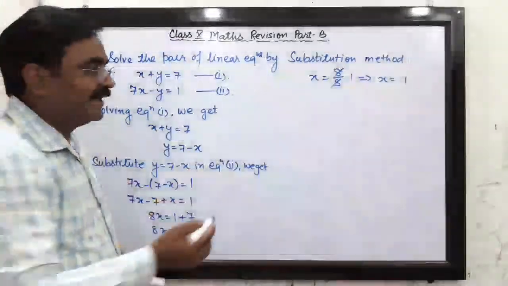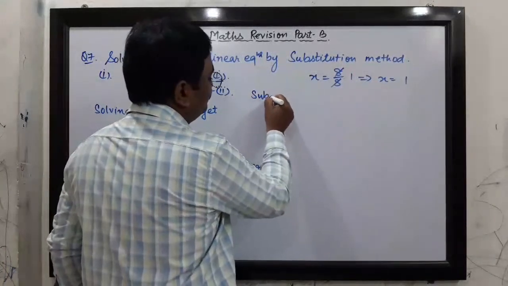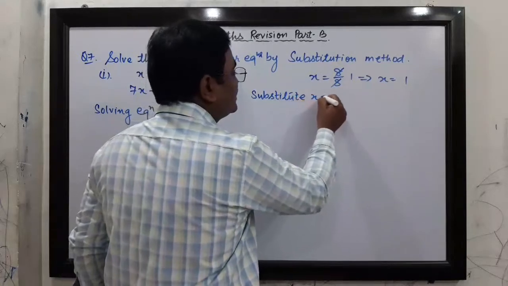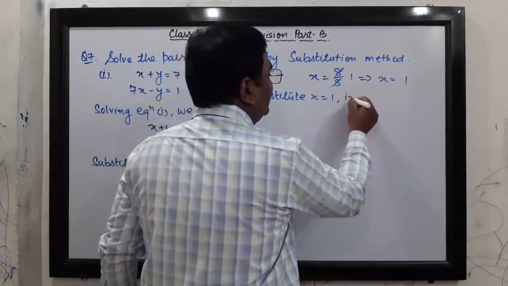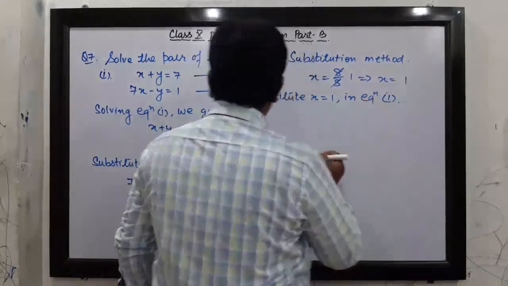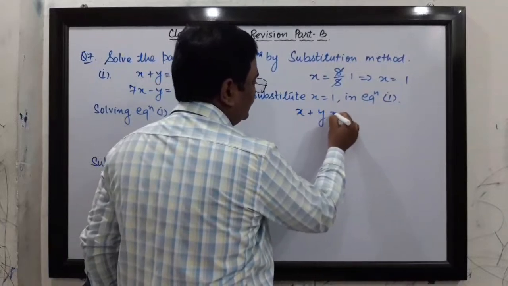Now you will get the value of y, right? So substitute x equal to 1 in equation 1. Equation 1 is x plus y is equal to 7.